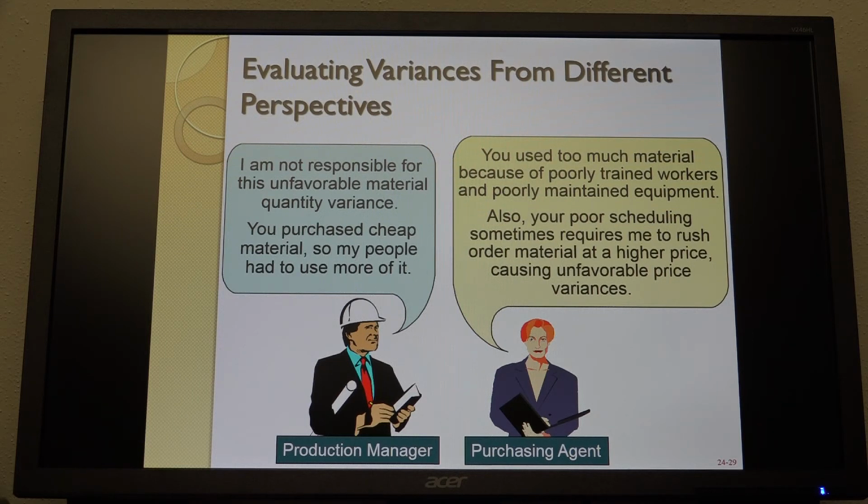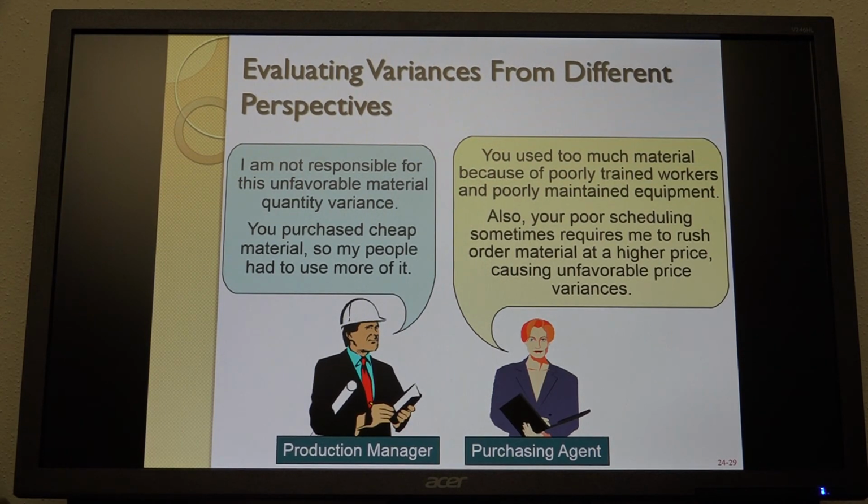What happens if the production manager purchases inferior materials? The production manager has these inferior materials to make units of product. Should we blame him if he uses more material to make the same amount of product that he would make if he had up to standard quality materials?